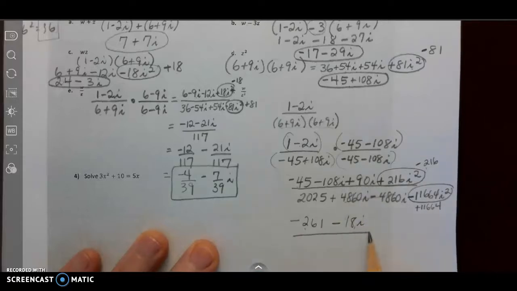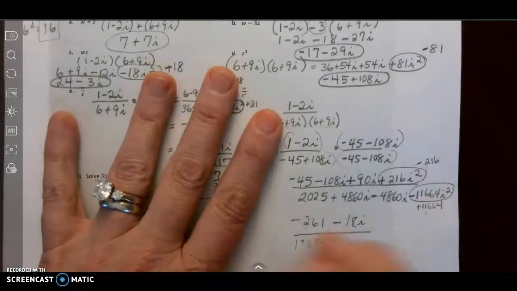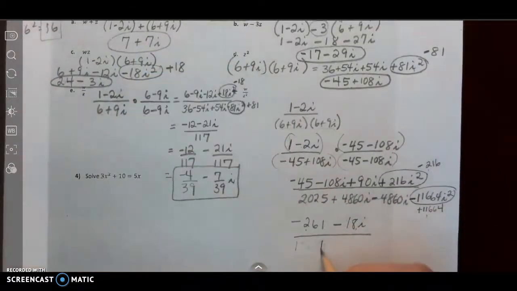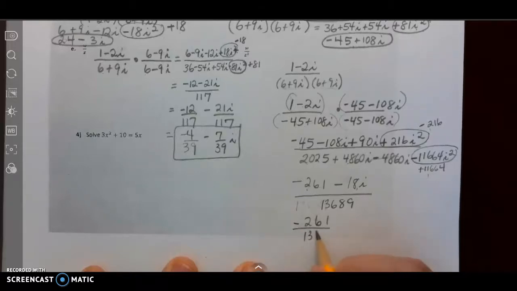Now, in the denominator, my like terms are 2025 and 11,664. So 2025 plus 11,664, and I get 13,689. These cancel, so this is just over the number 13,689. I'm going to separate this in case this can be reduced at all.